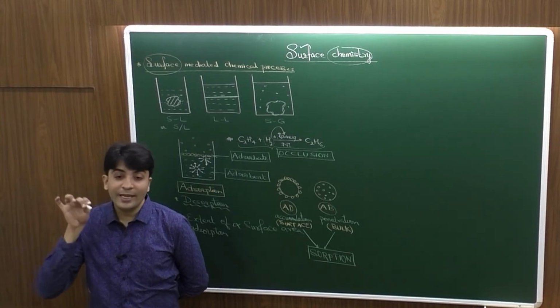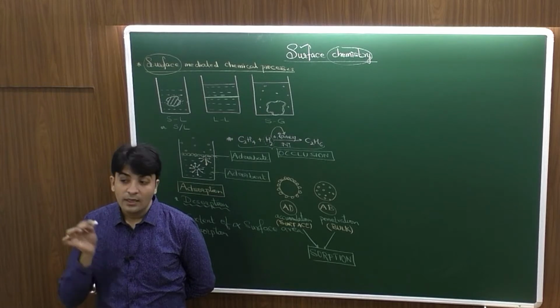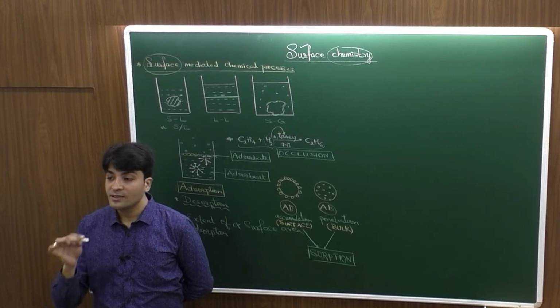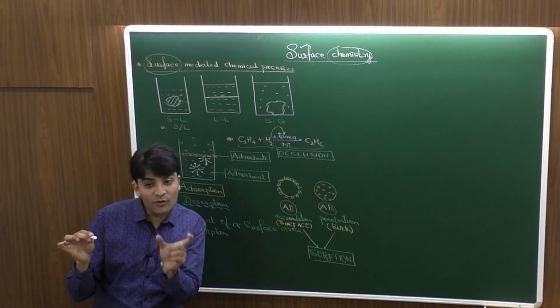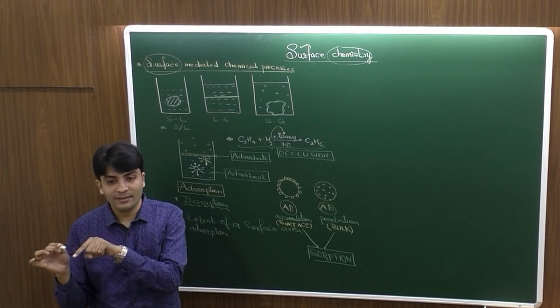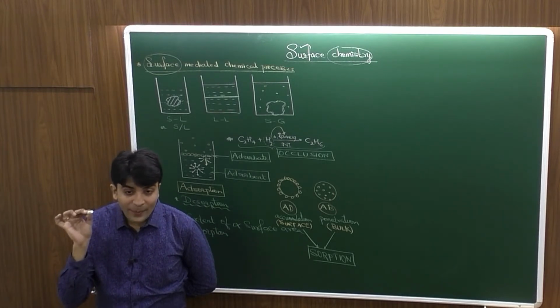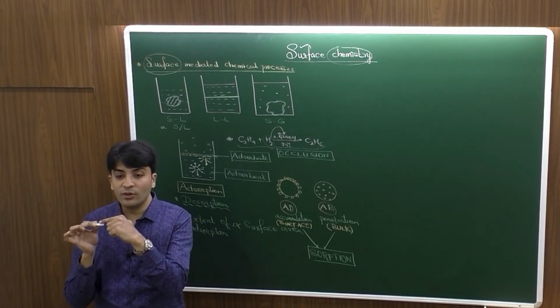That means when chalk is dipped in ink, the colored pigments are adsorbed on the surface, but the solvent of the ink gets absorbed into the bulk. Clear? The ink molecules or the pigments are accumulated on the surface.